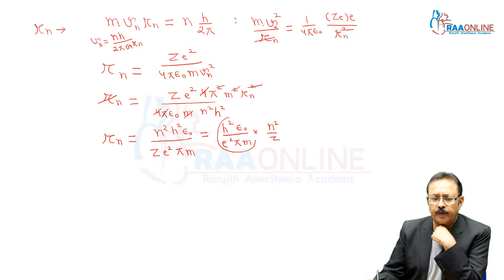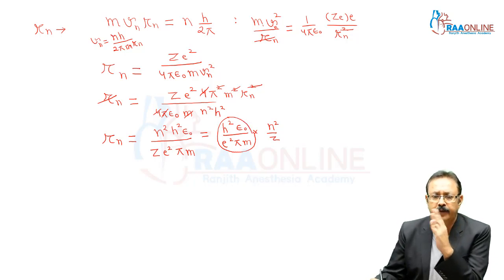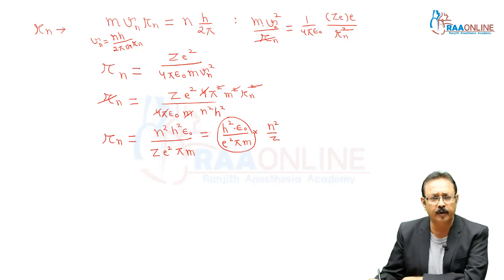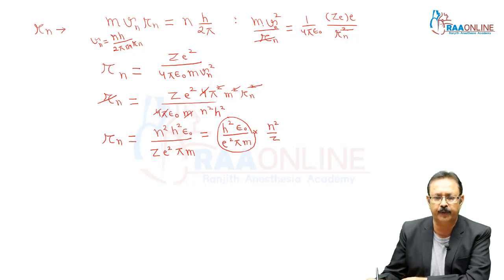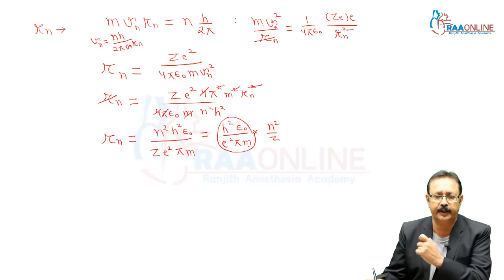You know the value of each constant. h is Planck's constant, 6.63 10 to the power minus 34. Epsilon naught is 8.85 10 to the power minus 12. e is 1.6 10 to the power minus 19. Pi is 3.14. m, electronic mass, is 9.1 10 to the power minus 31 kg.